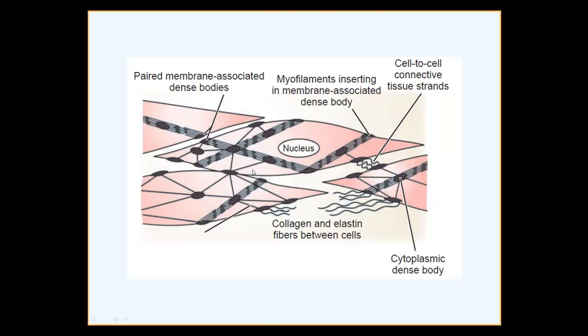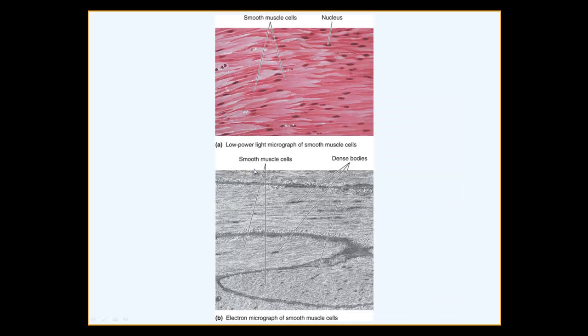All right, so here's another histology picture for the smooth muscle cells. You see again their spindle shape, and they are arranged in sheets. This is an electron microscopy picture. What you see here is the lack of what we called earlier in the skeletal muscle, the sarcoplasmic reticulum.